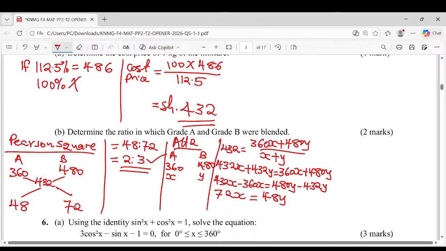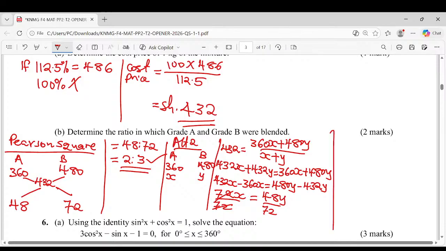If that is the case, I want to get the ratio of x is to y, so let me divide here by 72. I want you to be very keen, ladies and gentlemen. I've also divided the other side by 72, left and right.